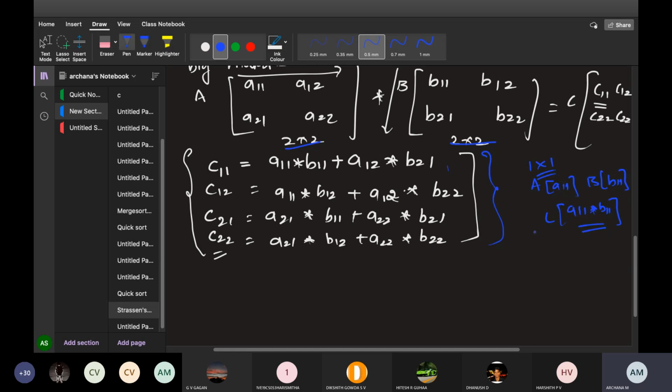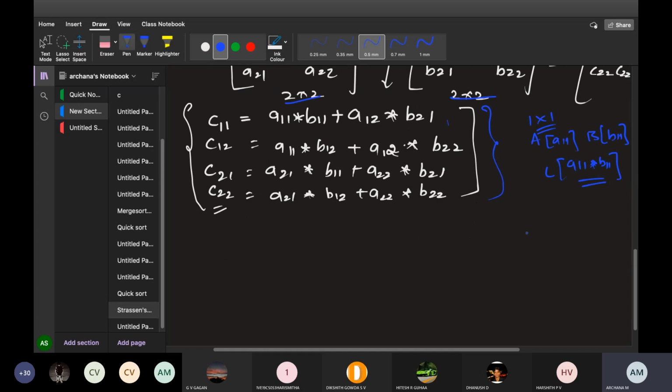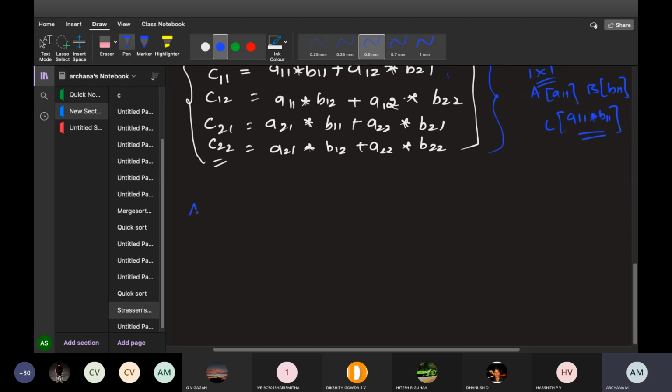But now the picture changes when you have a very big matrix. How do we handle a big matrix? For example, I'll take a 4 cross 4 matrix now. Same thing, in your mathematics, what do you do? I'll write A11, A12, A13, A14.